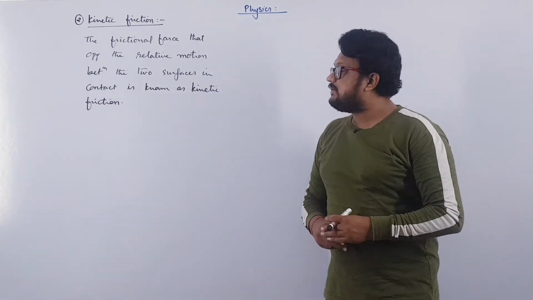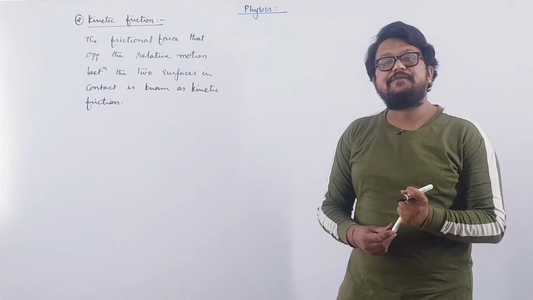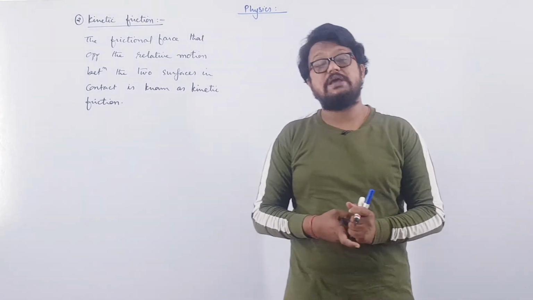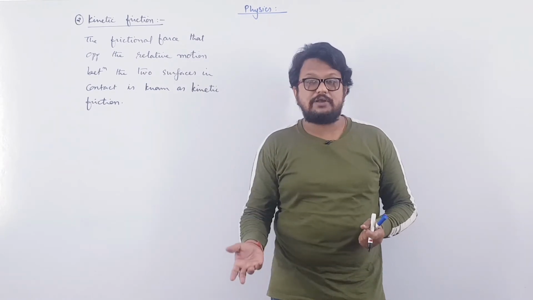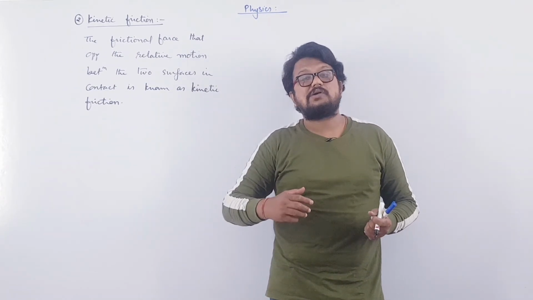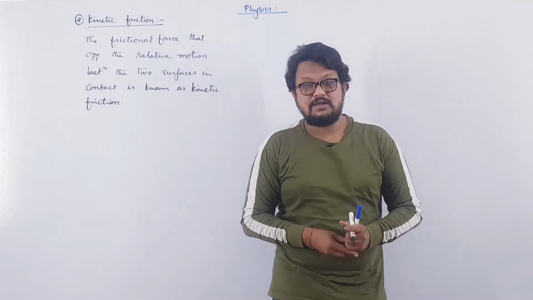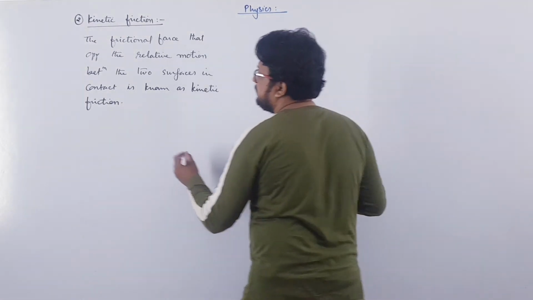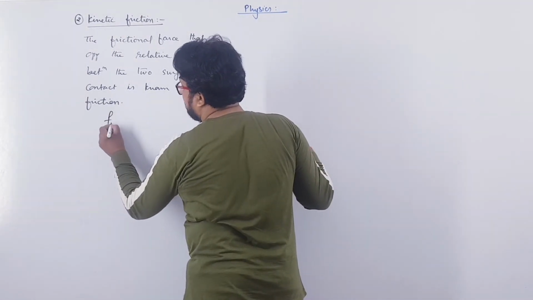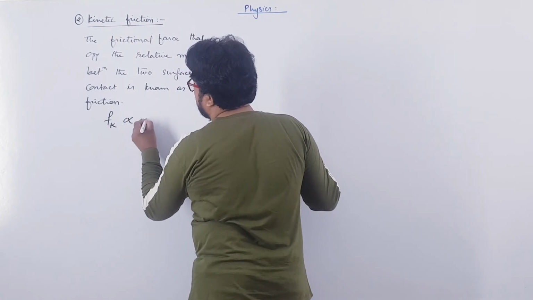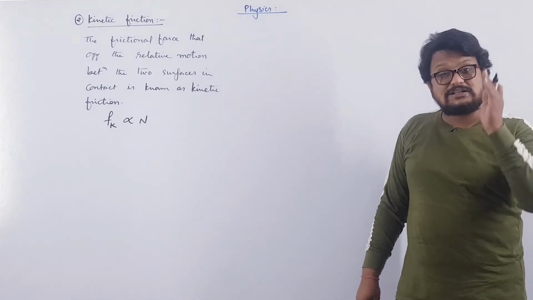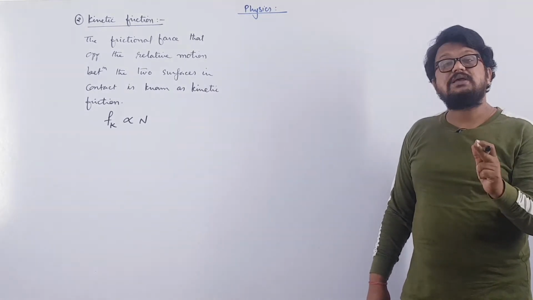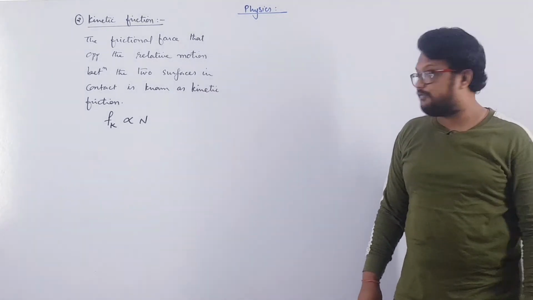Look, as we have discussed for the static friction, kinetic friction is also independent of the area of contact, and it is nearly independent of the velocity of the body, right? It only depends on the normal reaction. So you can say that here kinetic friction, again I am not writing, but you should know, depends only on the normal reaction. It is independent of the area of contact, as well as it is independent of the velocity of the object or the speed of the object.